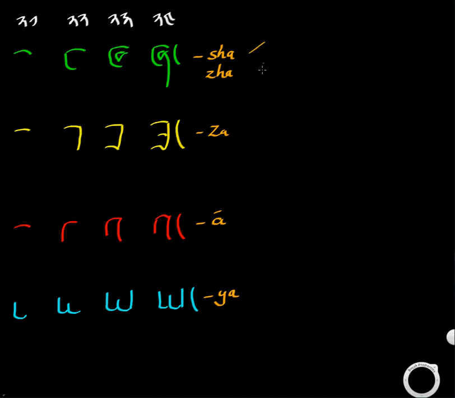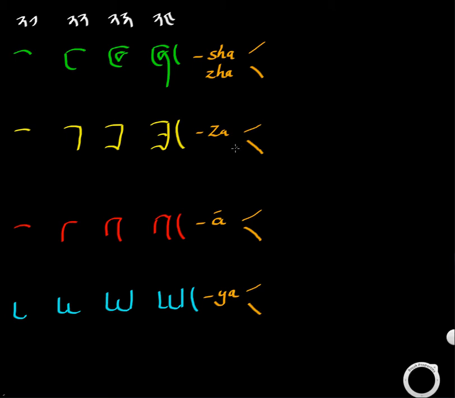So I'll have 2 for each. 2 here. 2 here. And then 2 here. And 2 here.